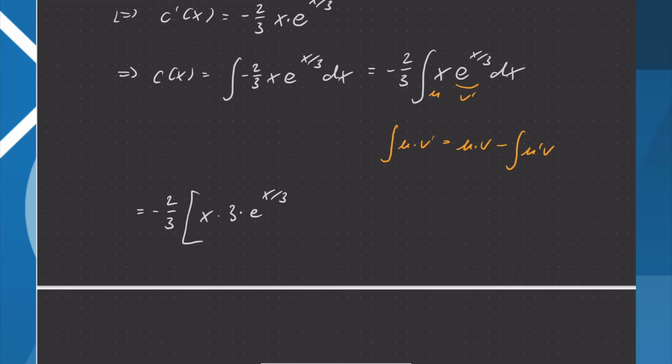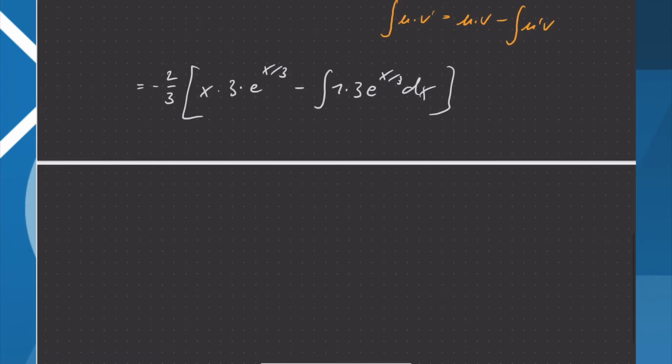Okay, so that's the uv part, and then we have minus the integral of 1 times, and again, 3 e to the x over 3 dx. Okay, we're almost there.